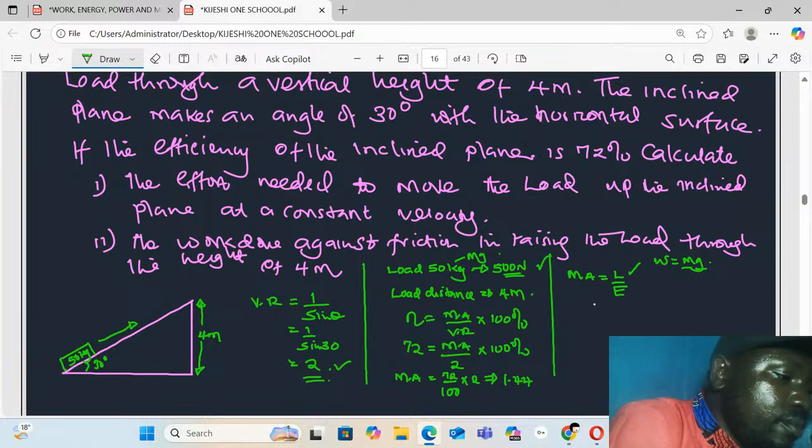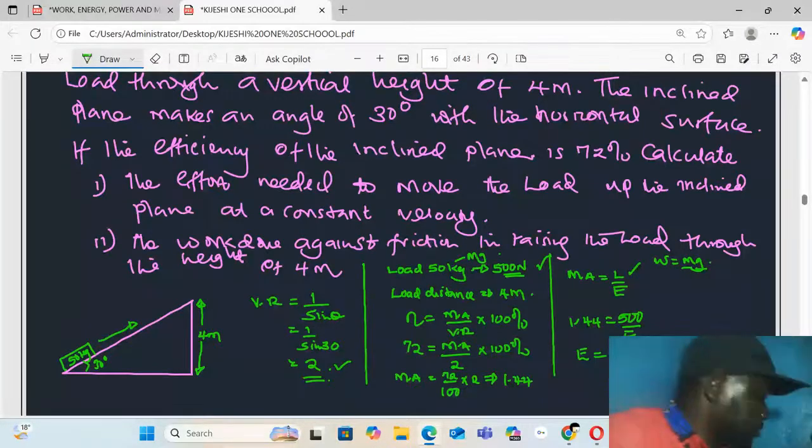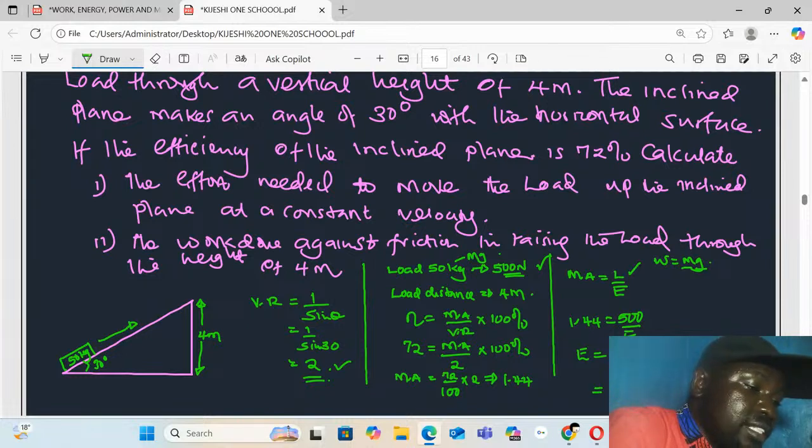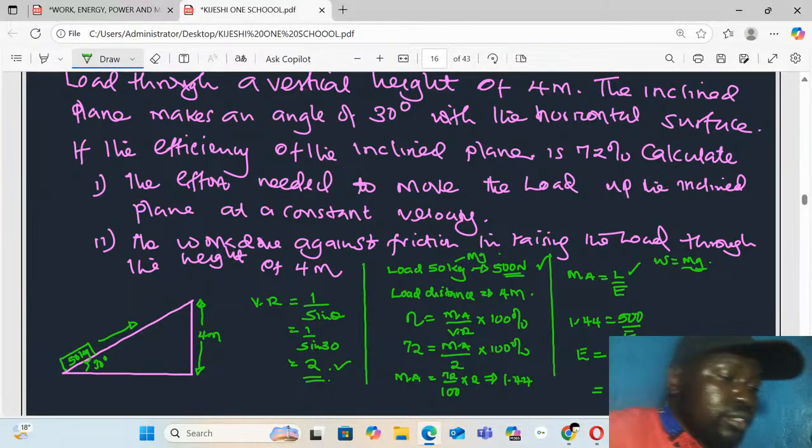So 1.44 will be 500 divided by E. Then we make E the subject of the formula: E becomes 500 divided by 1.44, and this gives us 347.2 newtons. Let me confirm this from my calculator.